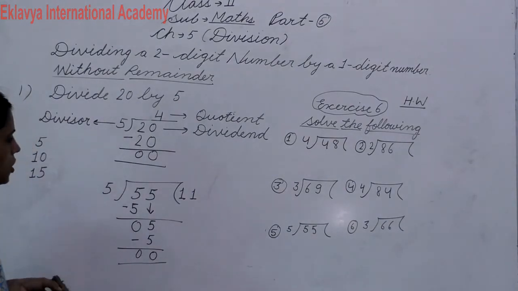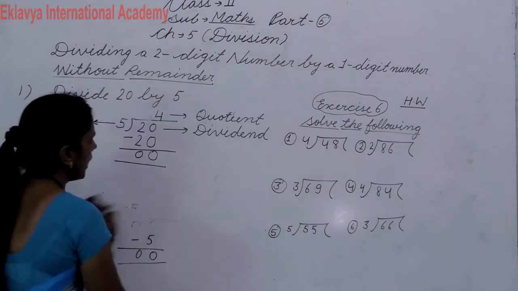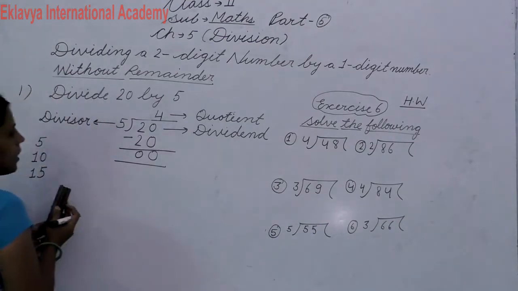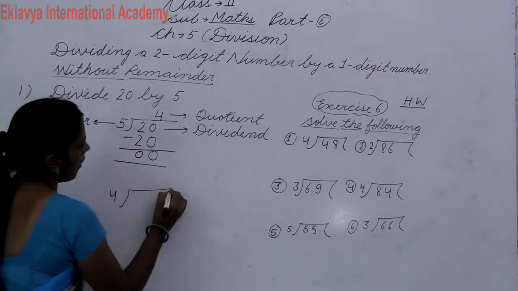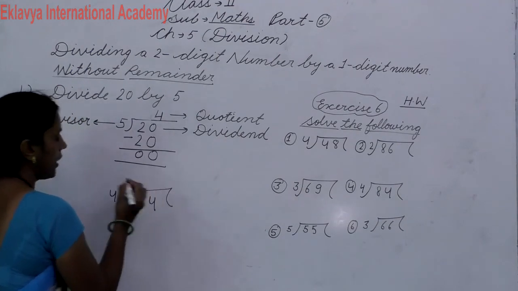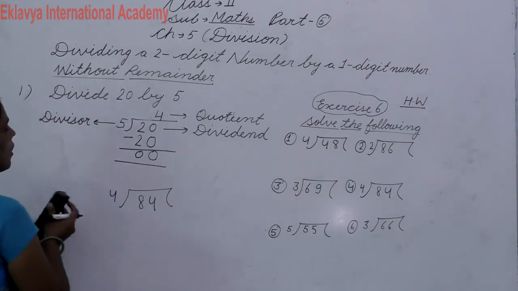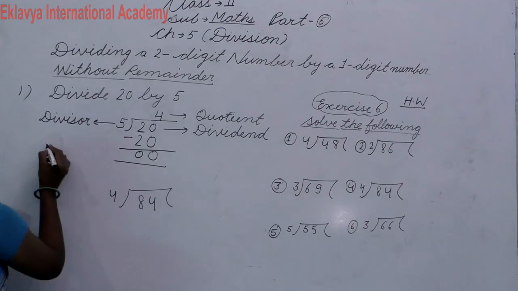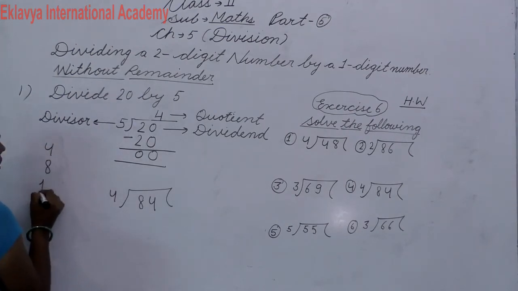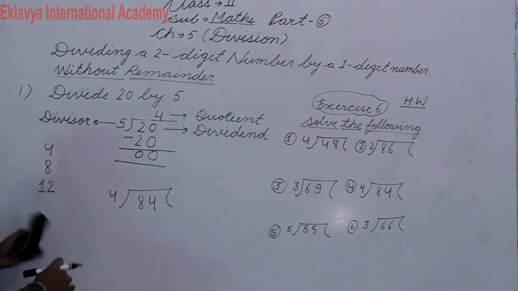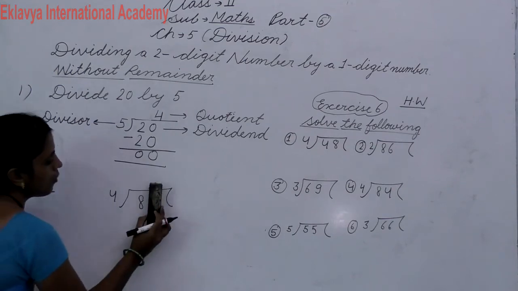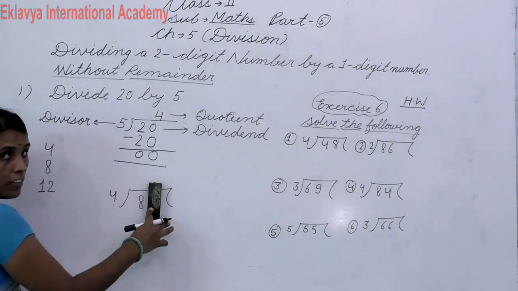Got it? Now again I am telling one more example: 84 divided by 4. First of all we will write the table of 4: 4 ones are 4, 4 twos are 8, 4 threes are 12. Now first we will take the ones number.